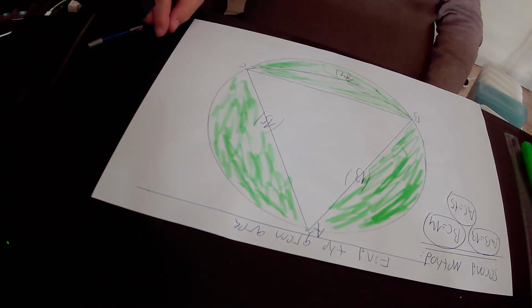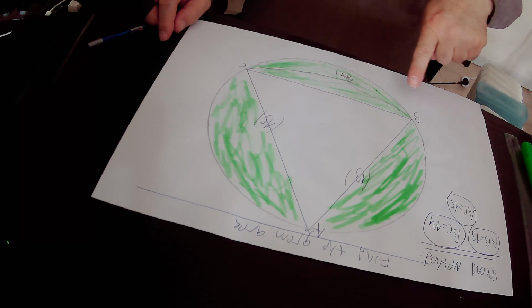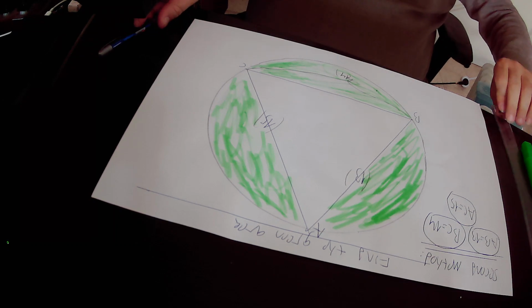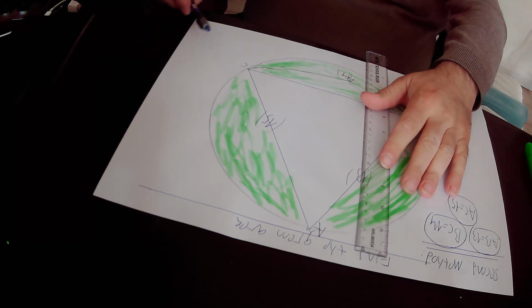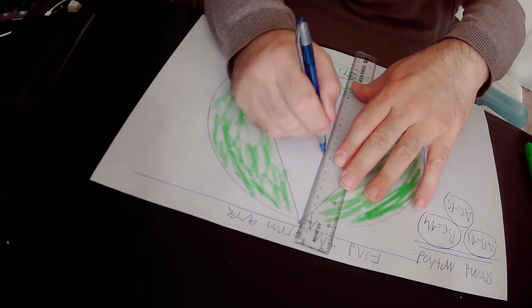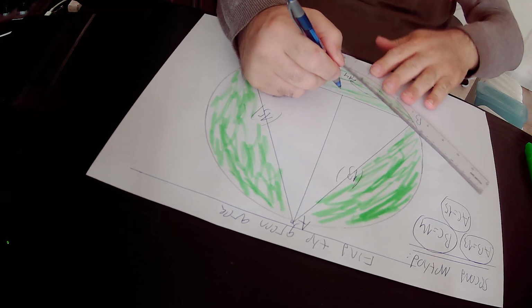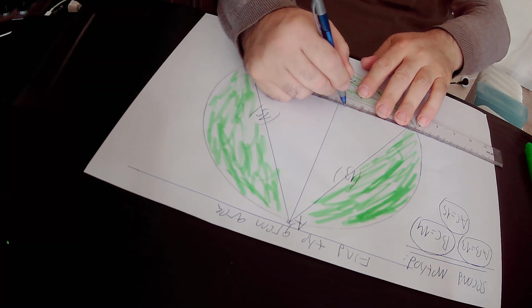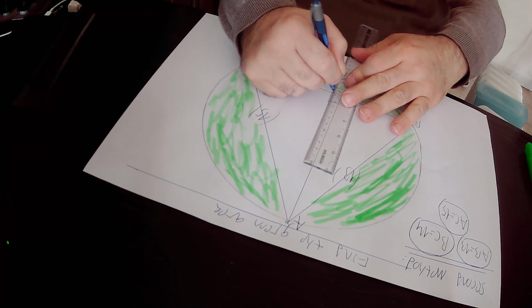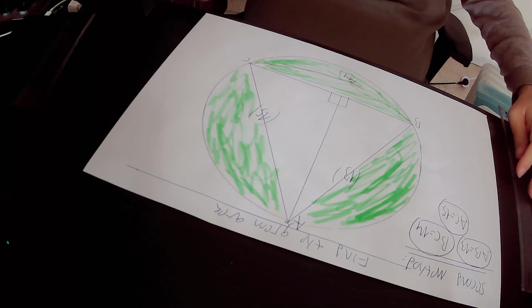In the second method, we will do a construction. From point A, we will draw a perpendicular on side BC of triangle ABC. So this angle equals 90 degrees, and this angle also equals 90 degrees according to our construction.